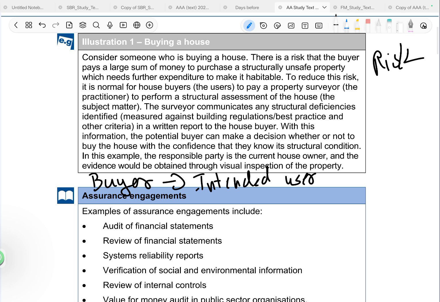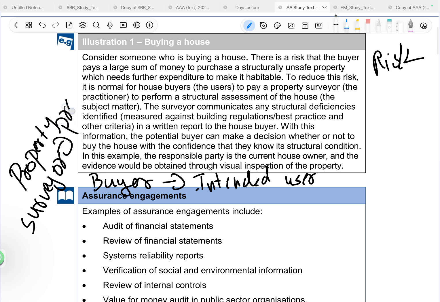The property surveyor acts as the practitioner, meaning the professional who performs the assessment. The subject matter being examined is the structural condition of the house. The surveyor inspects the house and compares its condition with building regulations, best practices, and other technical criteria.